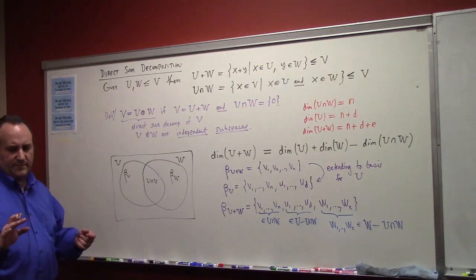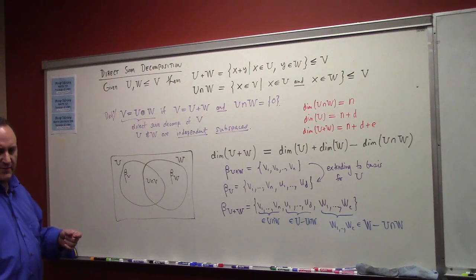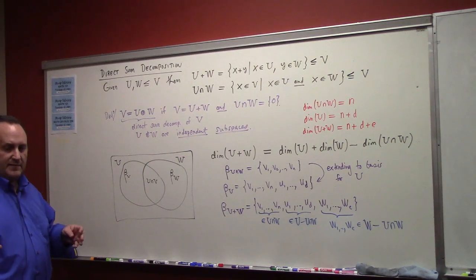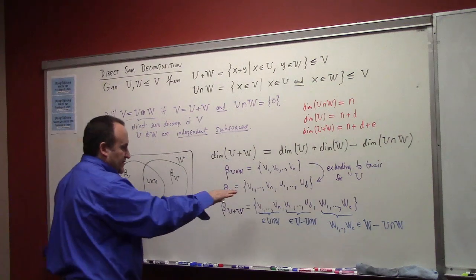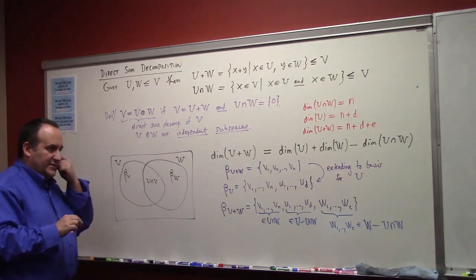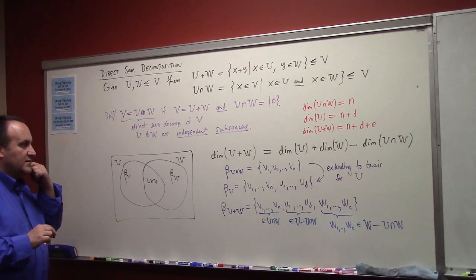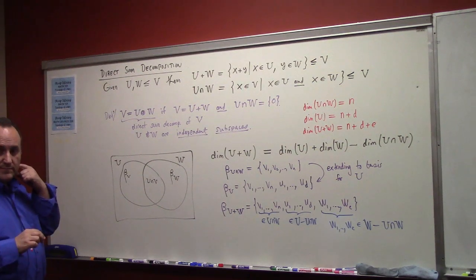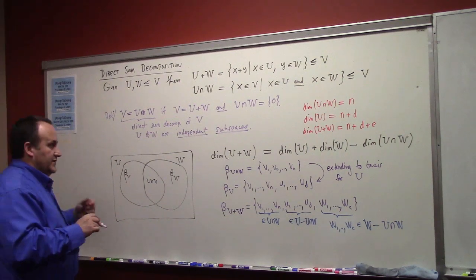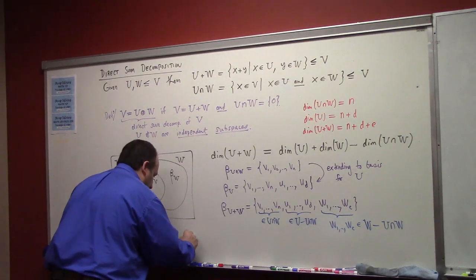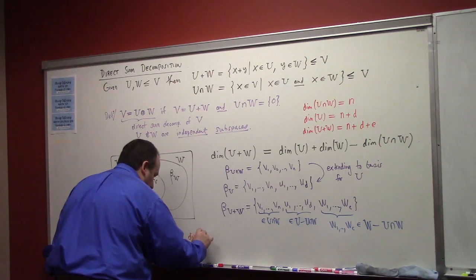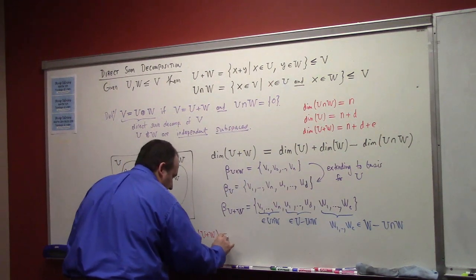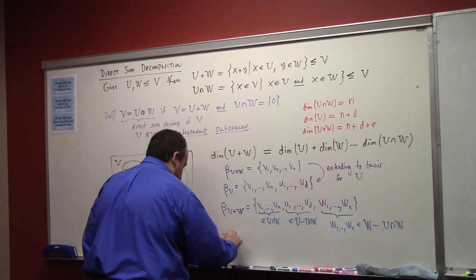So the calculation I have on page 147 is proving that the basis so constructed is genuinely linearly independent. Okay, I see. So if I just calculate the dimension of U plus W, that's equal to n plus d plus e, right?